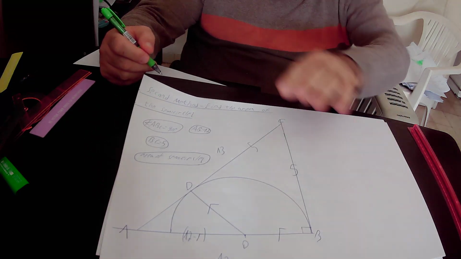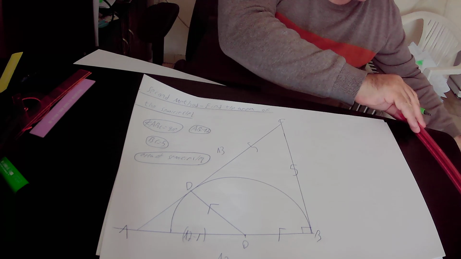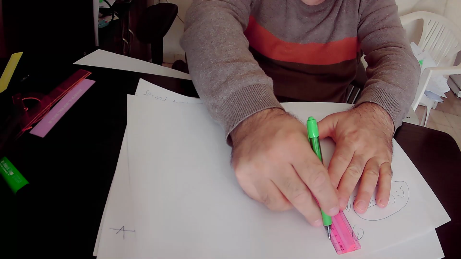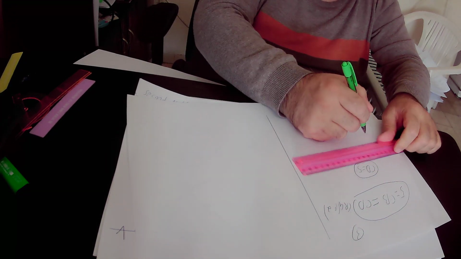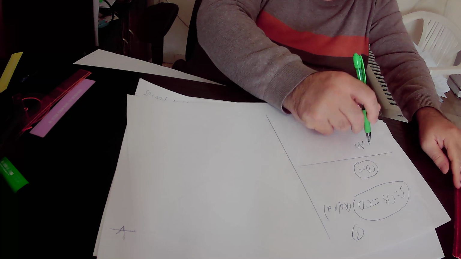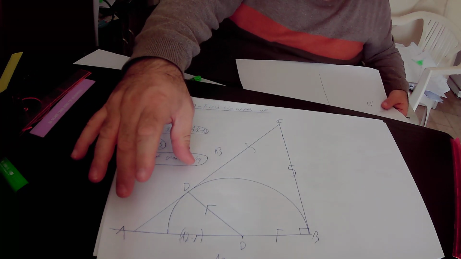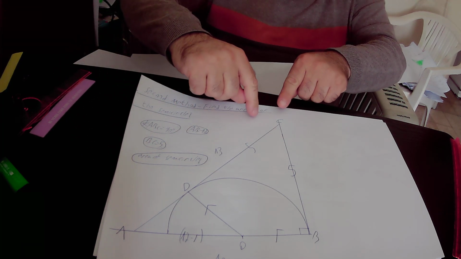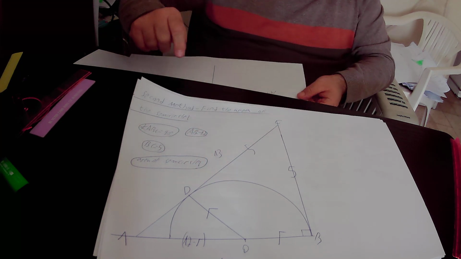And what is the value of AD? AD equals CA minus CD.